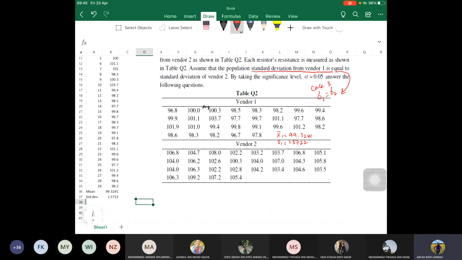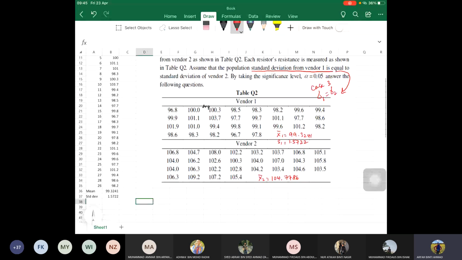Tengok betul tak jawapan kau. X bar 2 104. Betul, 104.785. 0.7786. Lebih kurang kan? S2 2.0065. Yap, betul. 2.0065.